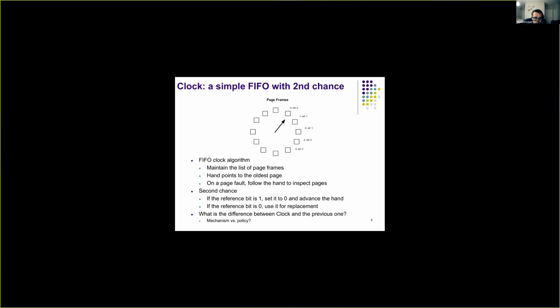If the reference bit is 1, we just move the clock hand to the next page, and we repeat the process until we find a page where the reference bit is 0. So as you can see, the technique is similar to FIFO with second chance, but the mechanism is different: instead of moving the elements around, we move the index around, where the index is the clock hand.